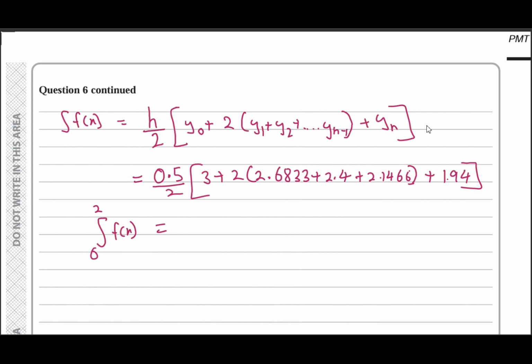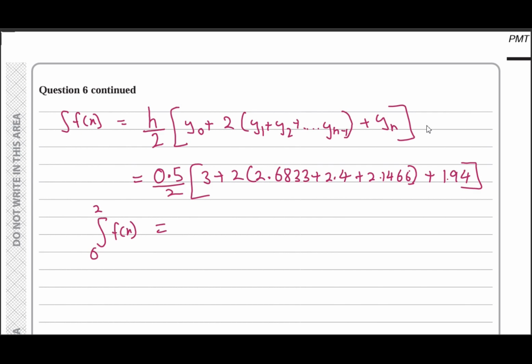They can ask in exam questions how we would improve the accuracy of this. To improve the accuracy, we would use a larger number of strips, breaking the area into more strips, and h in that case would be lower.